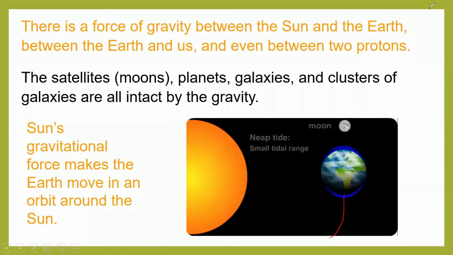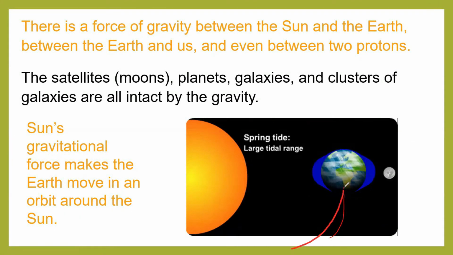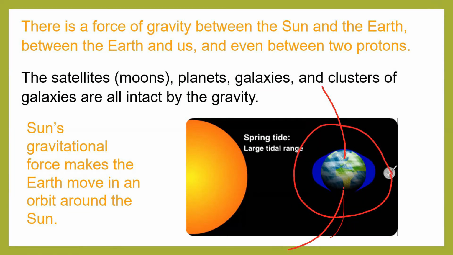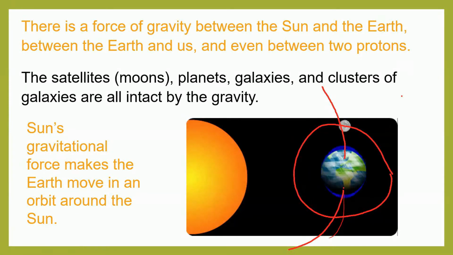If we look at the diagram, the Earth is orbiting around the sun, and that has its own orbit, and the moon is going to move around the Earth. There's a force of attraction between sun and earth, and there's a force of attraction between earth and moon.